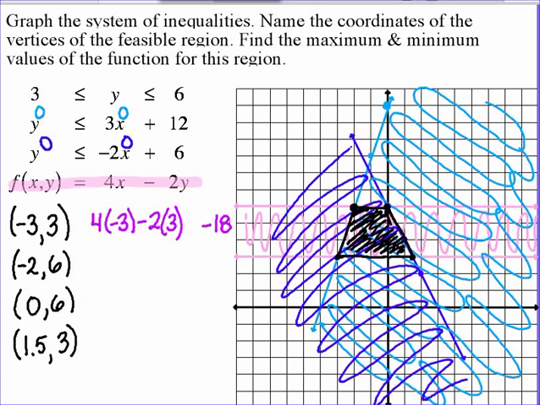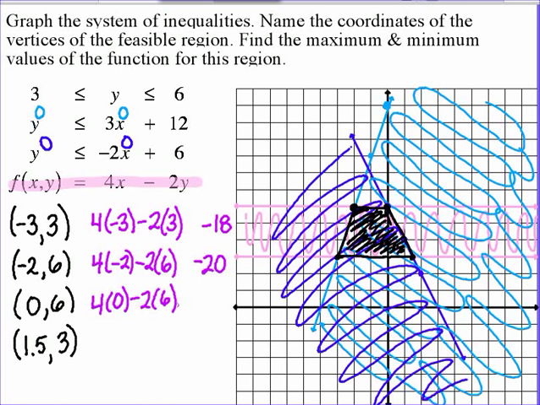Now what I'm going to do is do the same thing with each of the 3 remaining points. So I'm going to take 4 times -2 minus 2 times 6. And what is that? -20. Now I'm going to do the same thing with the 0, 6. 4 times 0 minus 2 times 6.